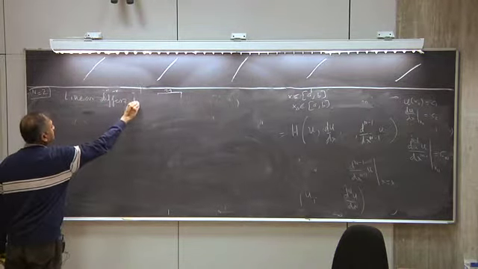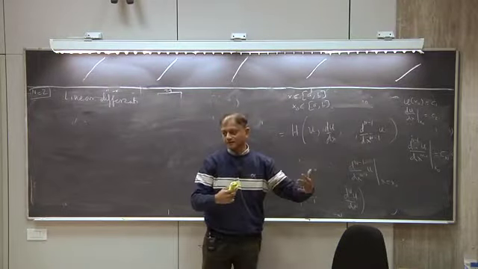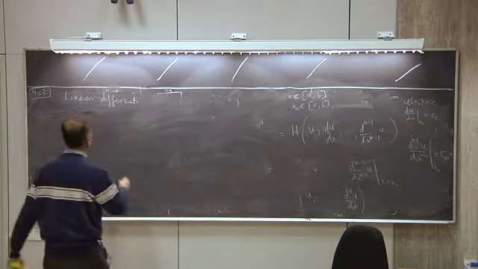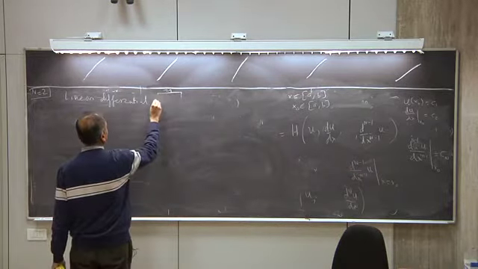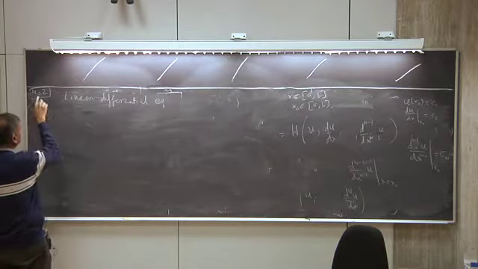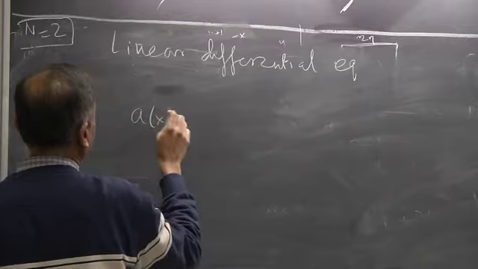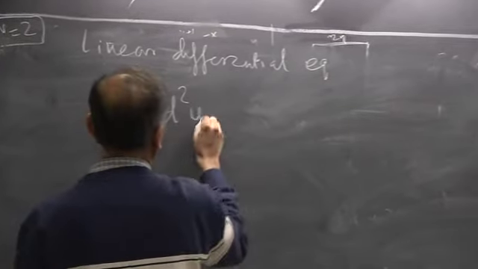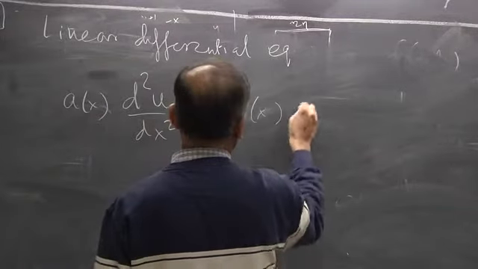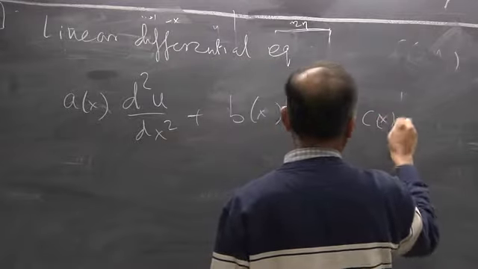Linear means that the function and its derivatives appear linearly. There are never products of these guys. So the most general linear differential equation for the second order is of the following type: a(x) d2u by dx2 plus b(x) du by dx plus c(x) u.